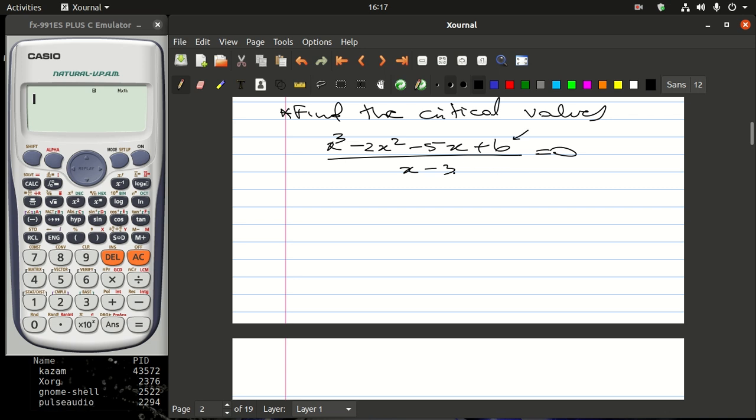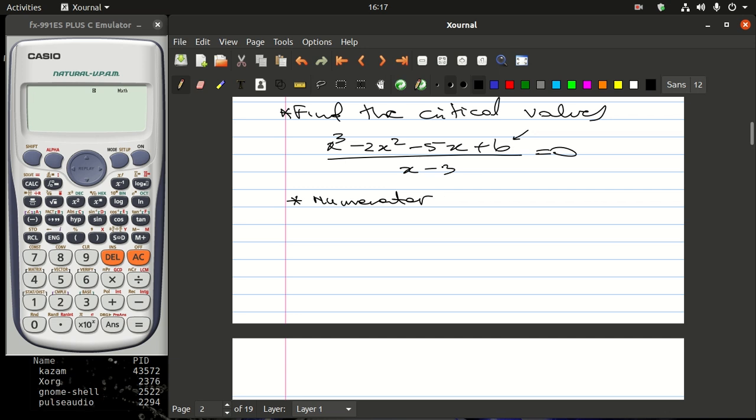Once the denominator is equal to 0, we get an undefined value, so we don't want that scenario. So x minus 3 equal to 0 is also one of the things that can contribute to the critical values. Now, we wanted the numerator equal to 0.